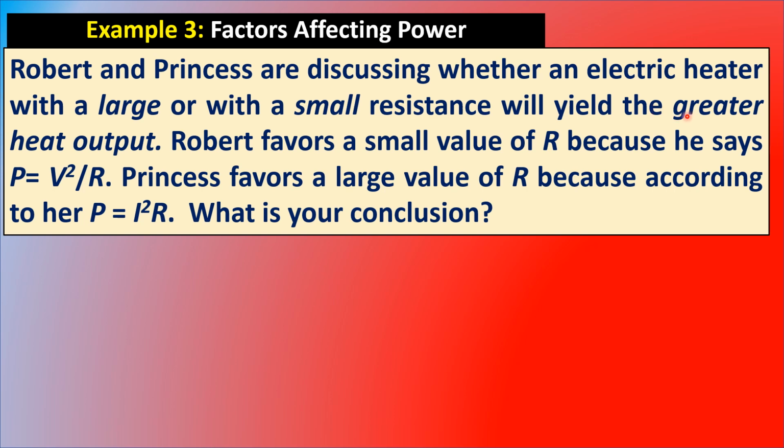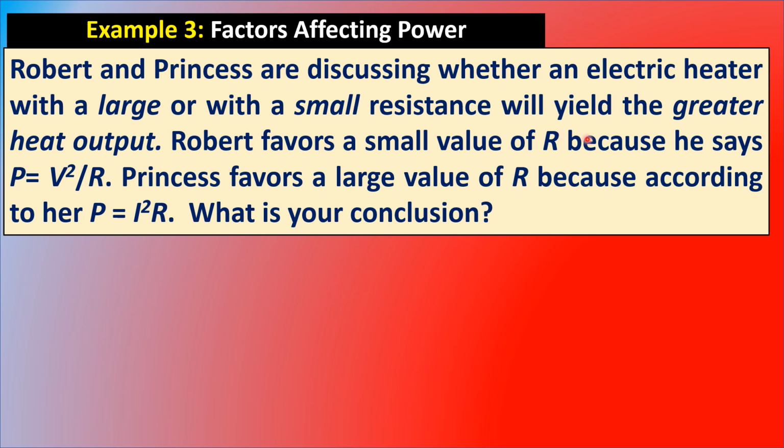All right, and according to Robert, a small value of R, meaning the resistance of a heater, the small value of resistance of the heater is what can produce the greater heat output, because he is using this formula for power.